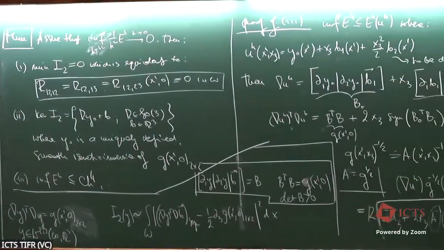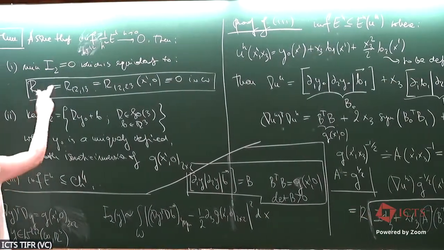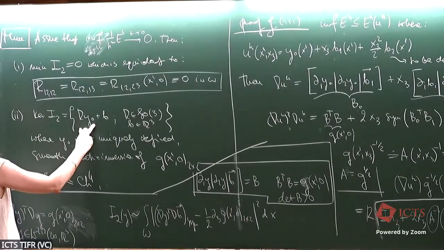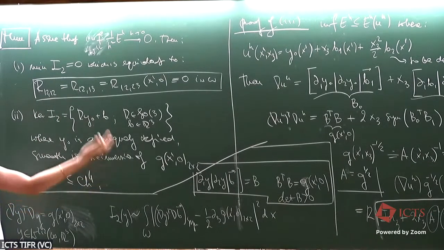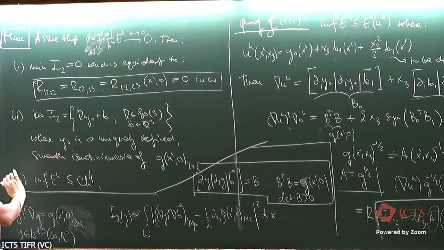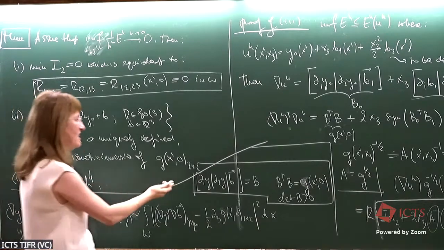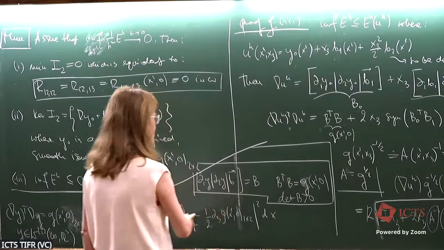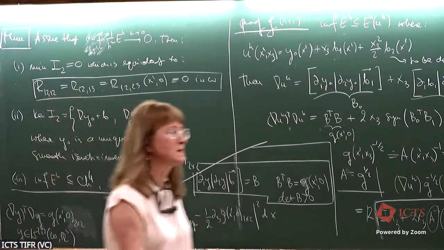Equivalently, that's also equivalent to existence of this Y0, which produces B0, such that I have certain formulas holding.